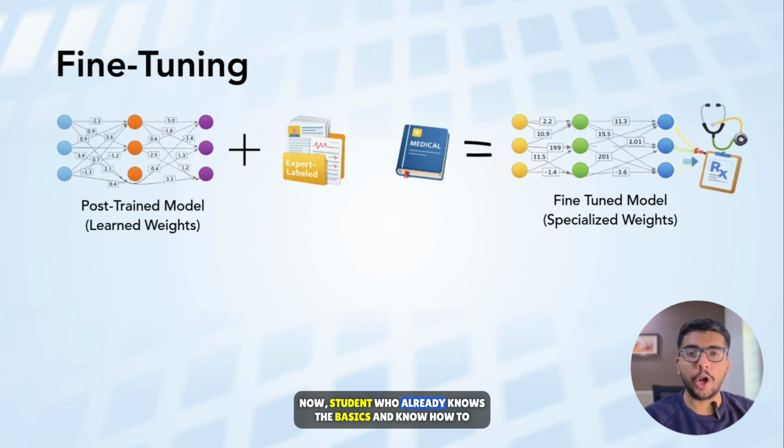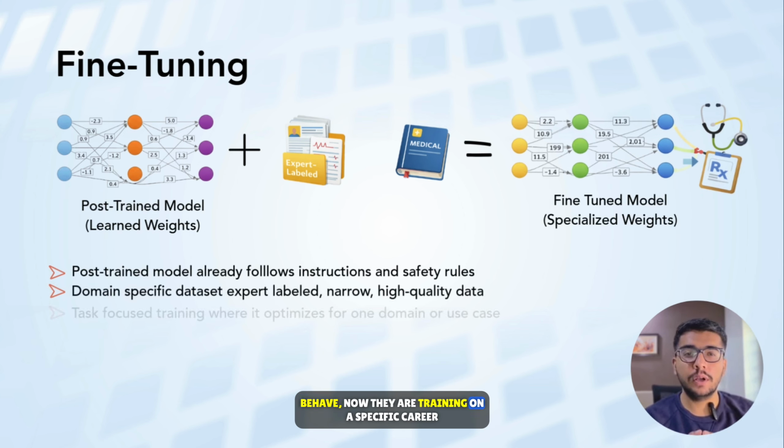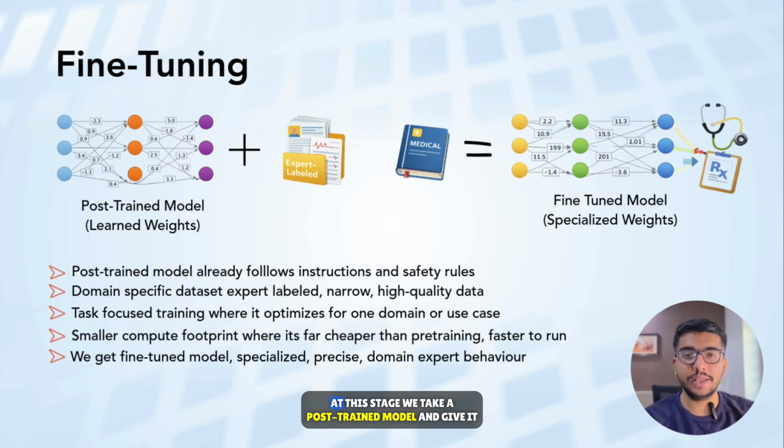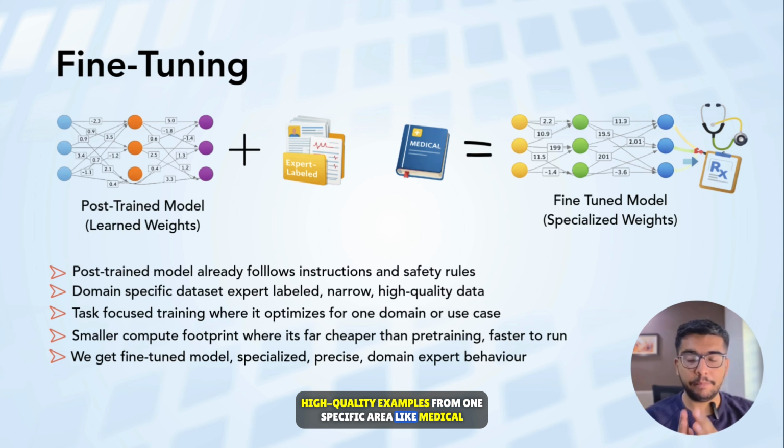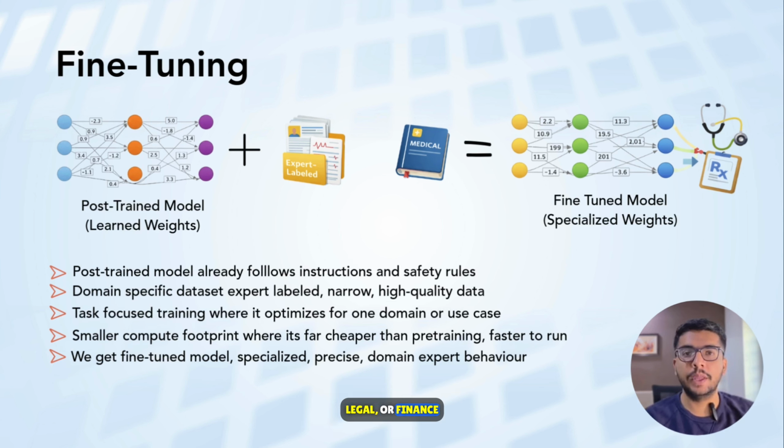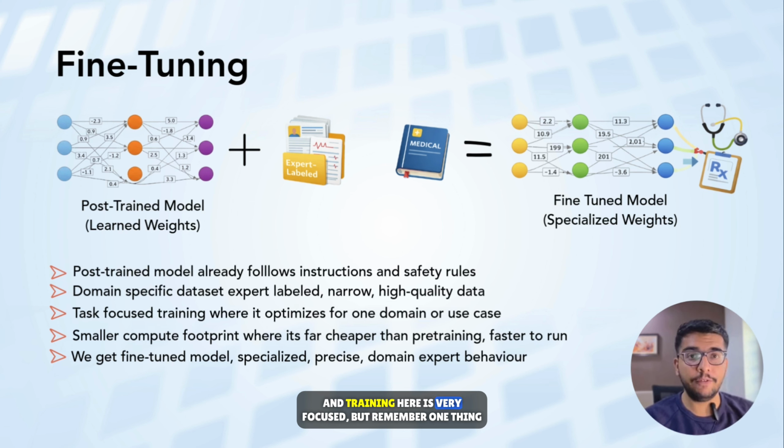Now comes fine-tuning. Now the student who already knows the basics and knows how to behave is training for a specific career. At this stage, we take a post-trained model and give it domain-specific data, like data labeled by experts, high-quality examples from one specific area, like medical, legal, or finance. And training here is very focused.